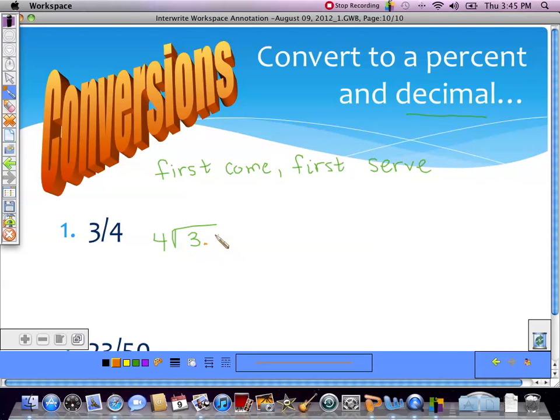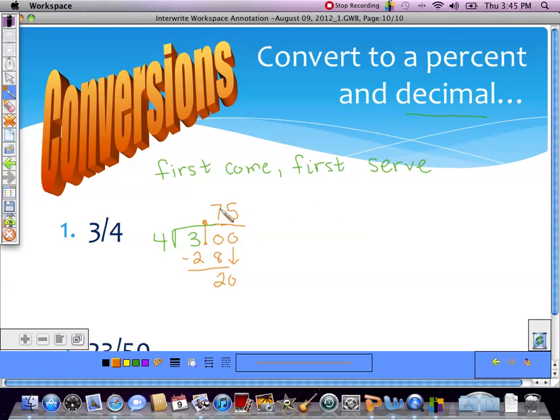We will add a decimal and a 0 and shoot that decimal straight up. 4 goes into 30 7 times. That gives you 28. We'll subtract here with 2 left over, and of course you have to add a 0 and drop it. 4 goes into 20 5 times.